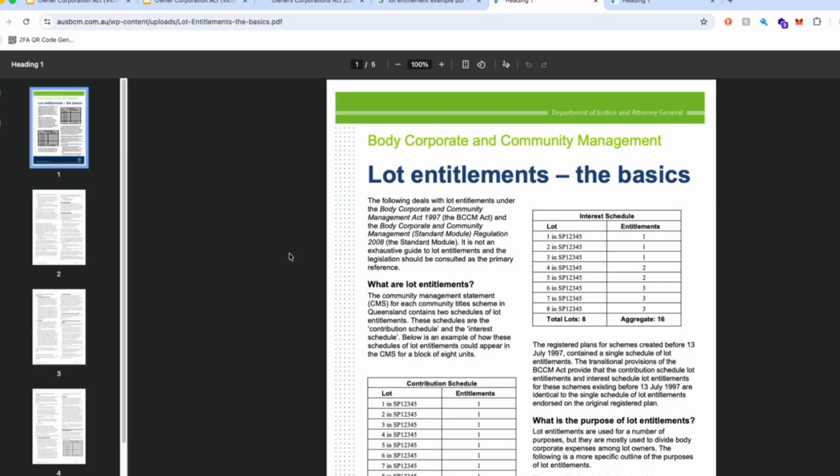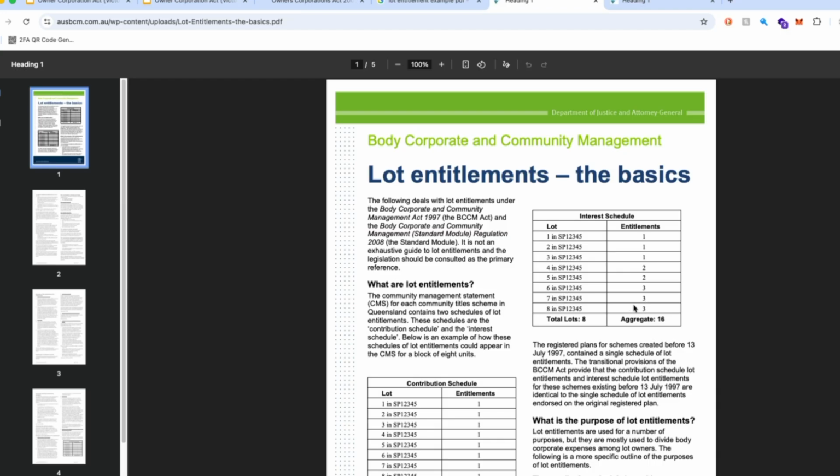If you get your plan of subdivision, which can be obtained from the official land government channels, or you can request it from your OC, there will be a section saying, oh, lot 1 is entitled to one entitlement, or probably 50-something in an actual real case, and then lot 8 is entitled to 3.